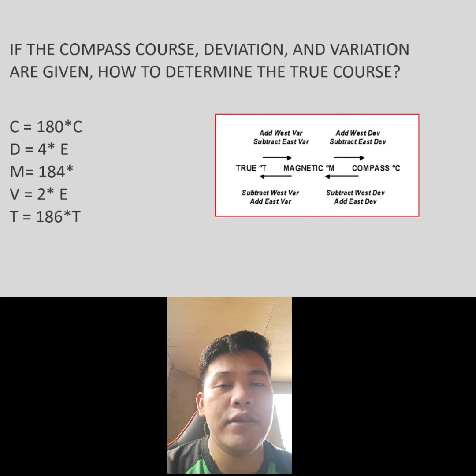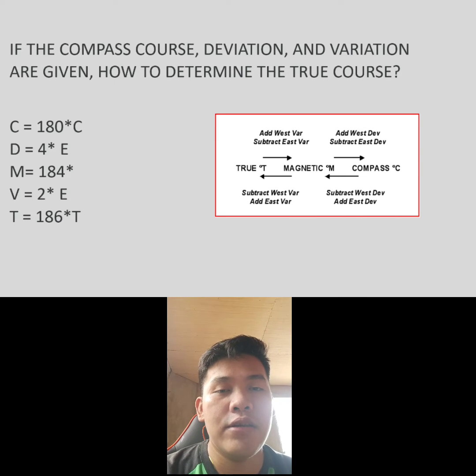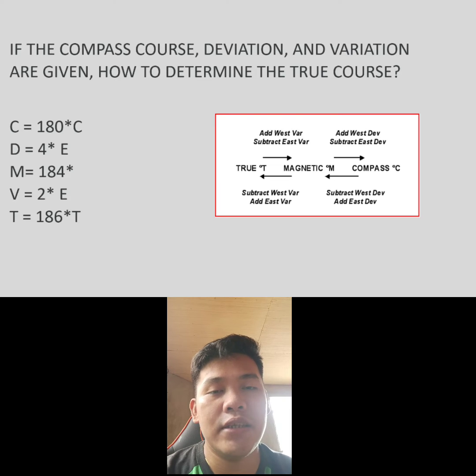So the fourth question is, if the compass deviation and variation are given, how to determine true course? In this problem, we need to use the correcting way. My given is the compass bearing is 180 degrees, the deviation is 4 degrees east, and the variation is 2 degrees east.